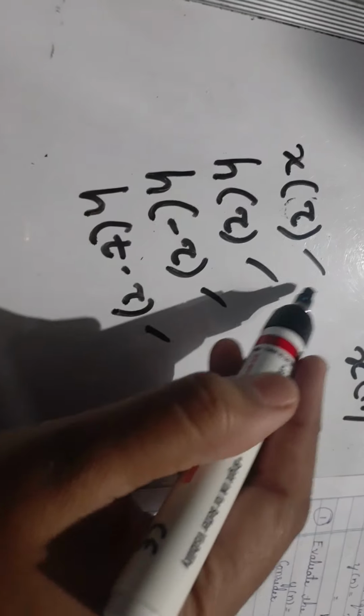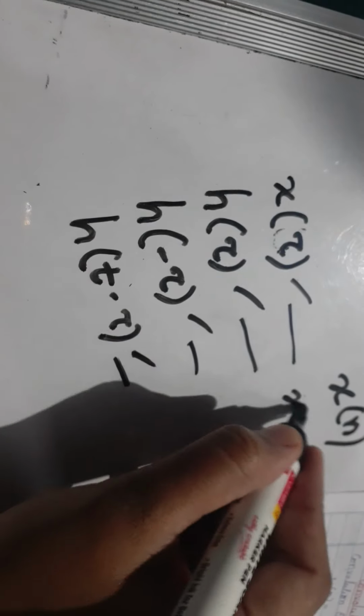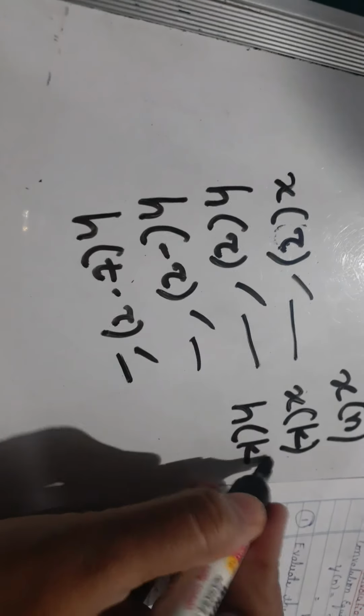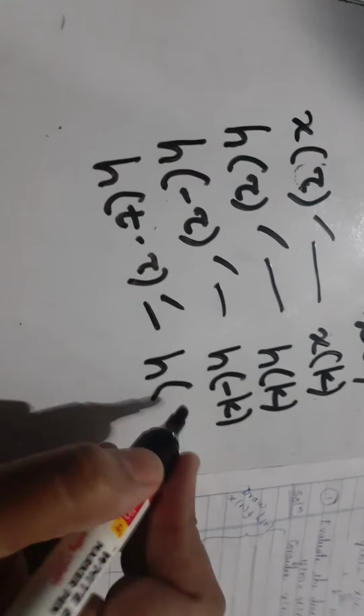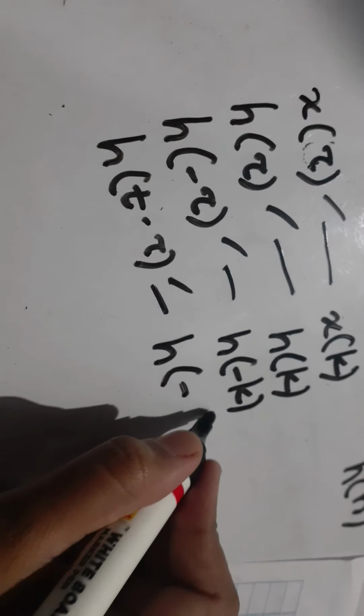Similarly, here also we will follow the same. Instead of tau, we replace it with k. First draw x of k, then draw h of k, then take the reflection of it, and then shift this by n. t is replaced by n here. So if you simplify it, it will be h of minus k plus n, which is h of n minus k.